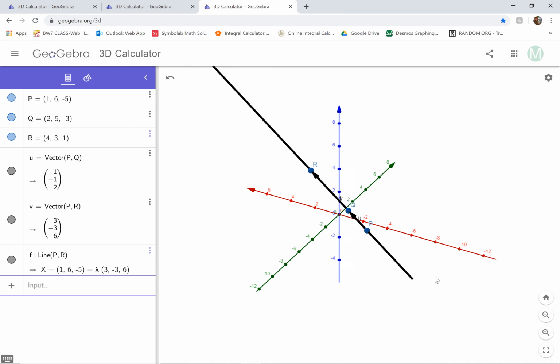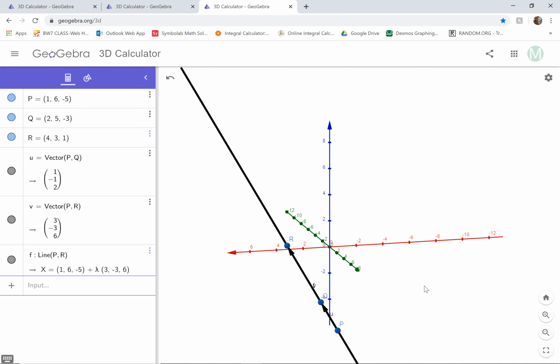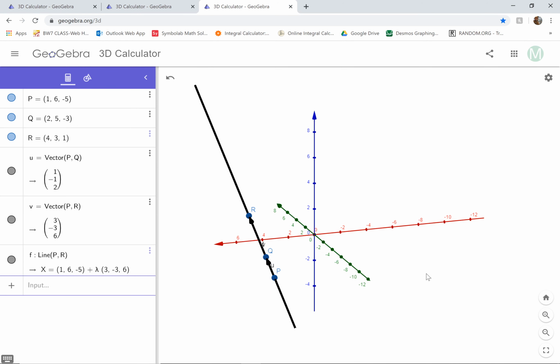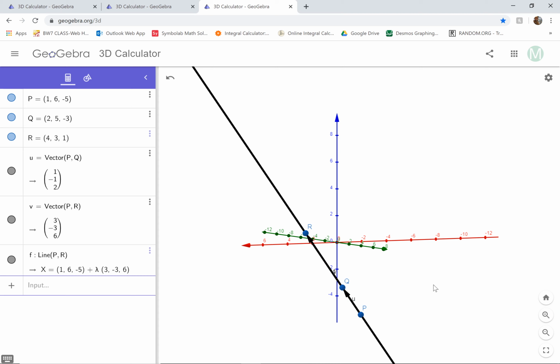Here is that equation, and here you see the graph, which is a collection of all those points in that same direction of 3, -3, 6. We'll talk more about how to come up with these equations of lines in a later section, but now you can visually see that if the vectors are in the same direction and they're both starting at P, then there is definitely a line that goes through P, Q, and R. So they are, in fact, collinear.